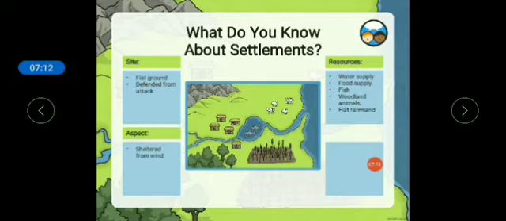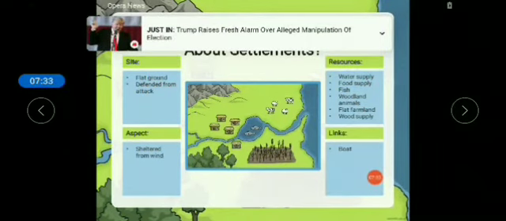Could it be that the farmland is very flat? Could it be that there's enough wood that they can use to make fire, or even use to build their houses? Or is it about the links? Maybe there are boats to convey their goods from one place to another.